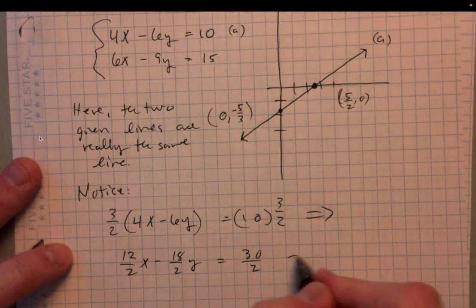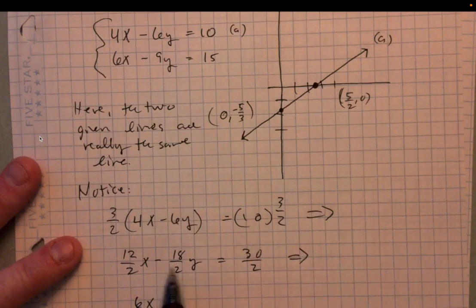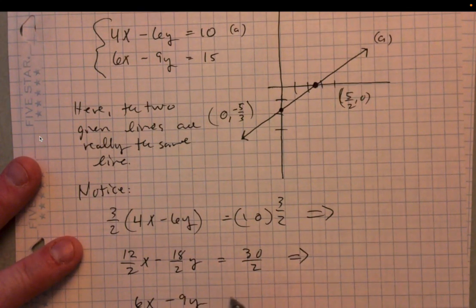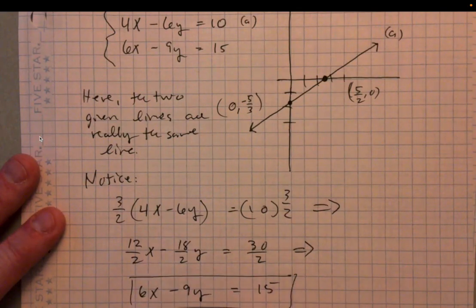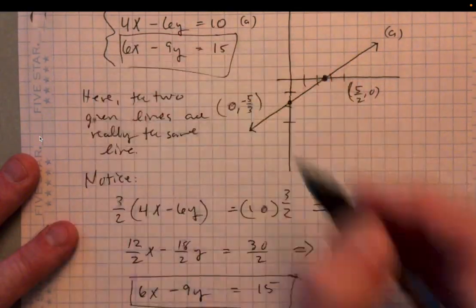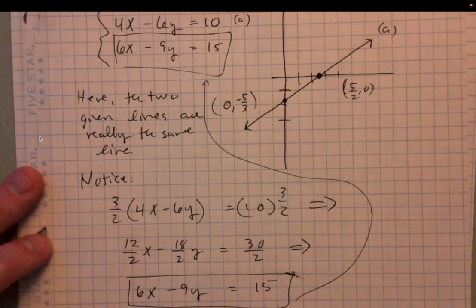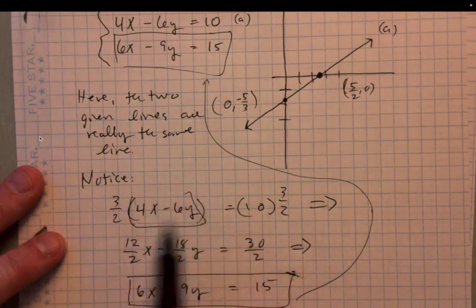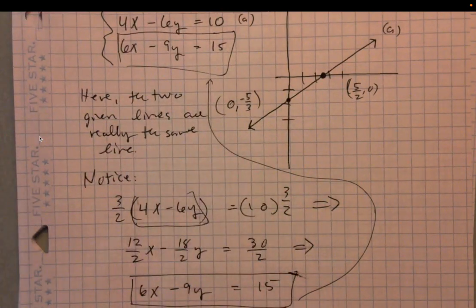When I simplify this down, I get 6x minus 9y equals 15. So this is exactly the same as the second equation. We started with 4x minus 6y equals 10, multiplied the whole thing by 3 halves, and lickety split, I've got equation 2.